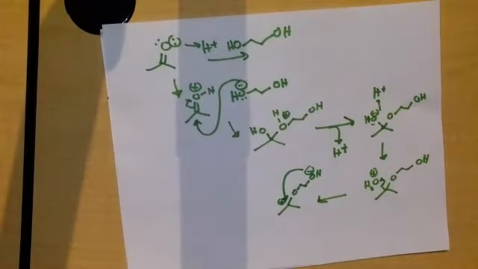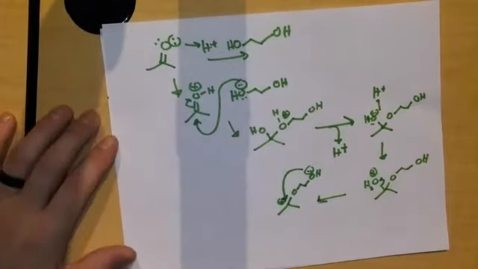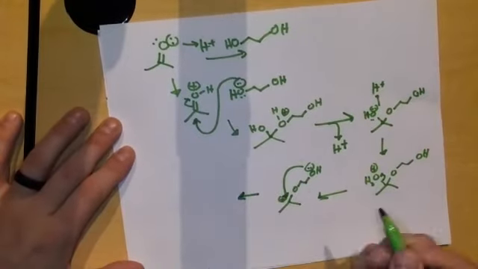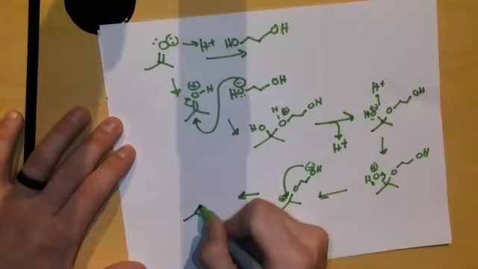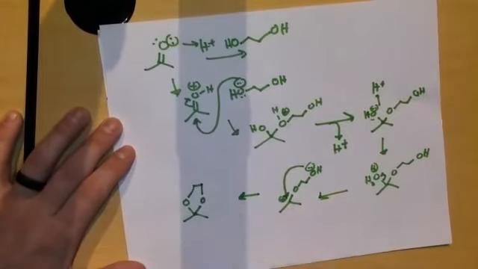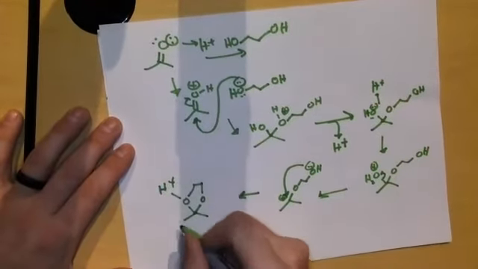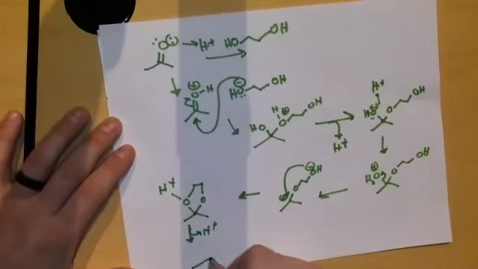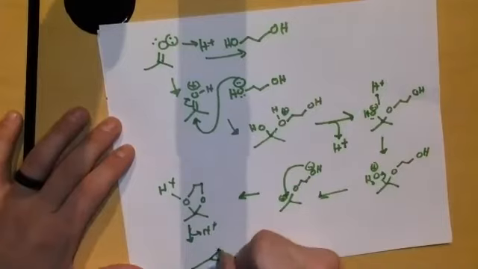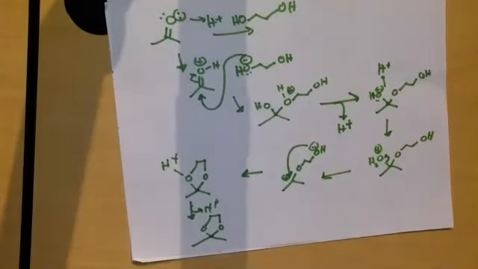It's going to be the closest one in terms of proximity here. We're going to make a 5-membered ring out of this. So 1, 2, 3, 4, 5. Lose that last H plus to give us a cyclic acetal.